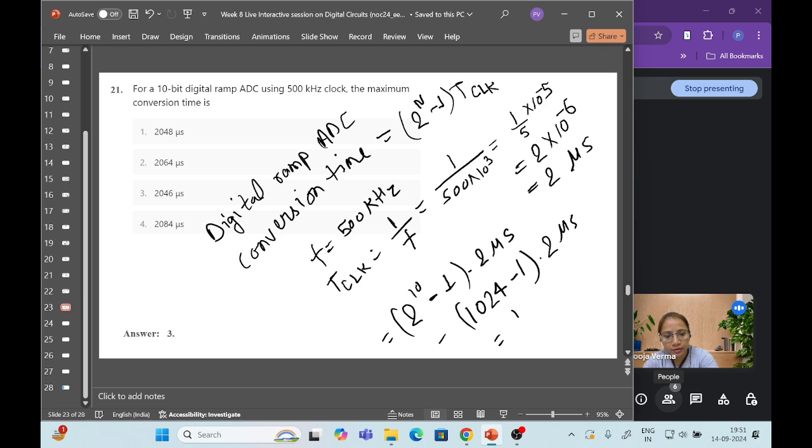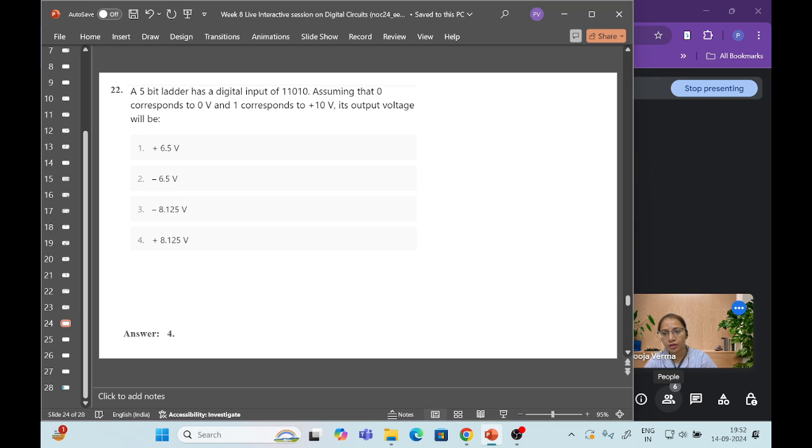We will get 1023 into 2 microseconds, that is 2046 microsecond. Just check in the answers. Option 3 is the correct answer for this question, 2046 microsecond. Okay, moving to the next question.